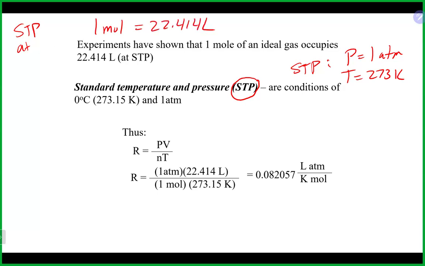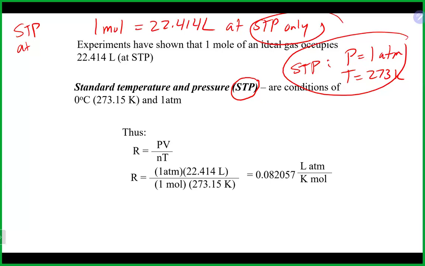That is a conversion factor that if you happen to be at STP, you could use, and you might not have to use the ideal gas law. So you could bypass the ideal gas law and use that as a conversion factor. But it definitely has to be at STP. So if the temperature is not 273, the pressure is not 1 atmosphere, you should never use that conversion.